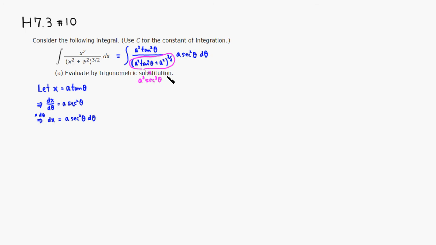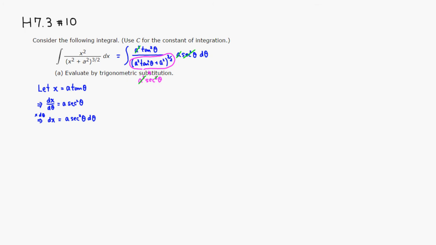Then we can do a bunch of cancellation. You have a and a squared combined, that's a cubed on top, and there's a cubed on the bottom. Then you have secant squared on top and a secant cubed on the bottom, so I can scratch out the cube. We have just secant of theta on the bottom.